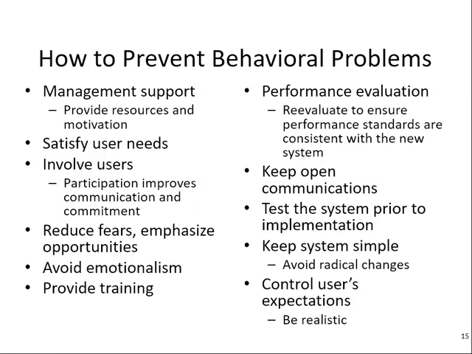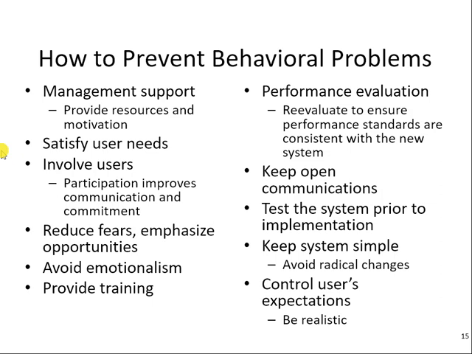And also, when we find problems, we can also have solutions. How to prevent behavioral problems. And here we list a bunch of guidelines that can help us avoid behavioral problems from employees. For example, we have the management support. It's going to provide resources and the motivations.